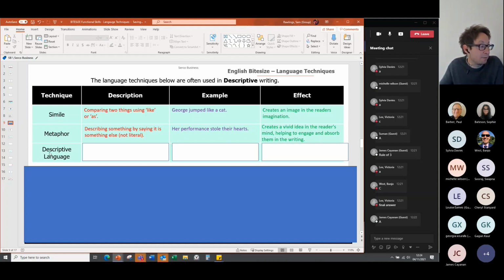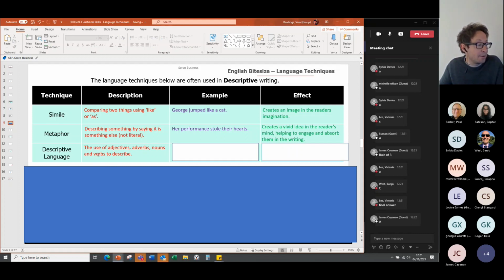And the last one we've got here is descriptive language. And descriptive language is when a text uses lots of adjectives or adverbs or nouns and verbs. So particularly descriptive nouns or particularly descriptive verbs. So a verb is an action word. So walk is a verb. I walked to the shop.